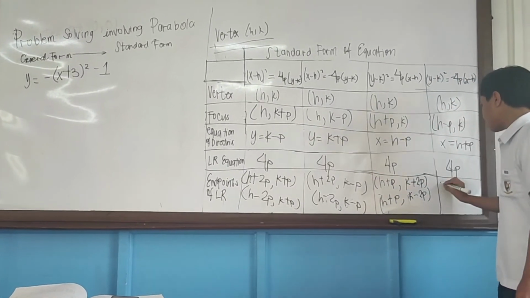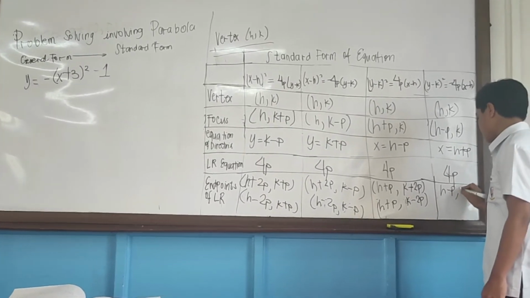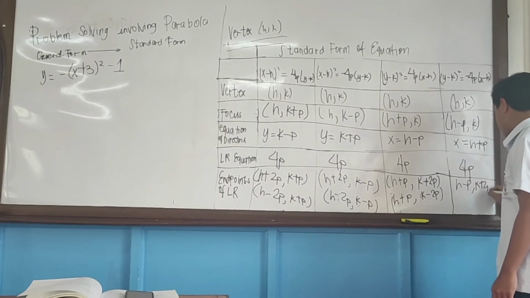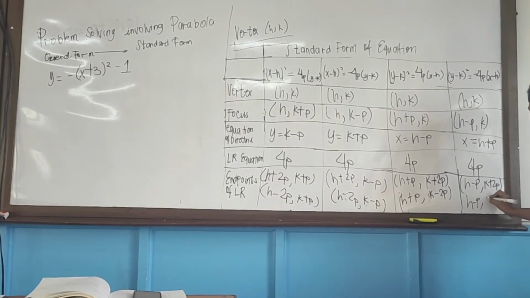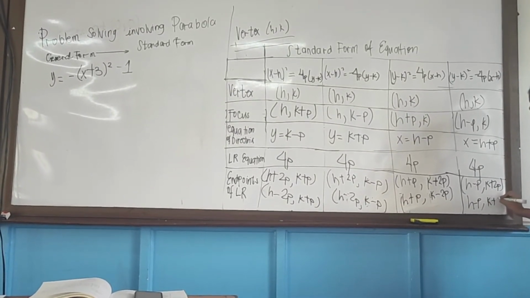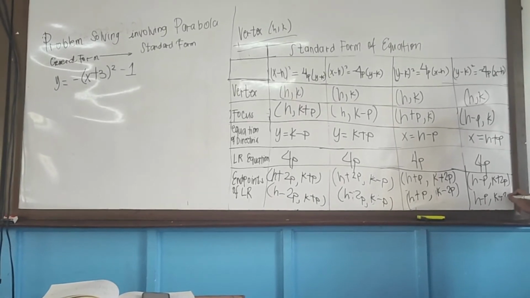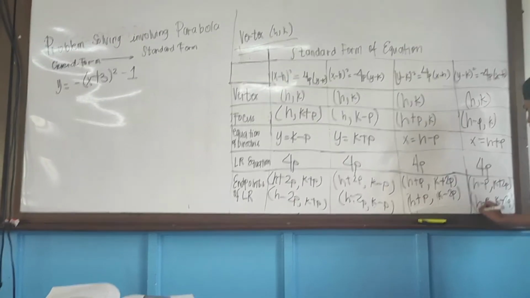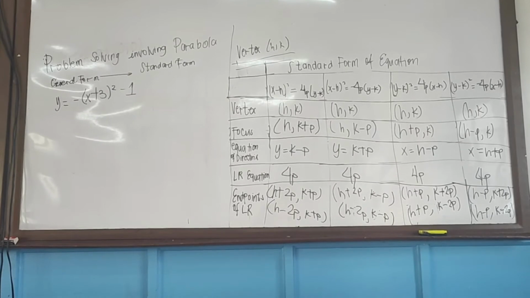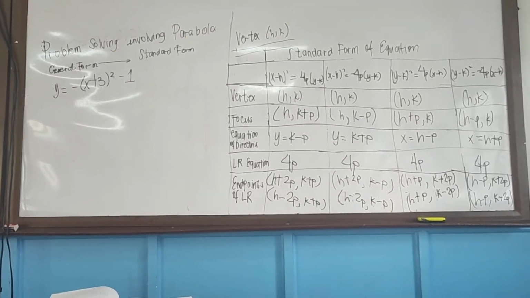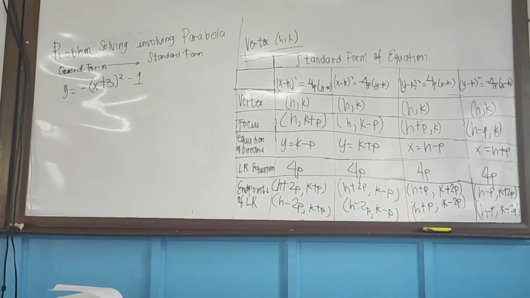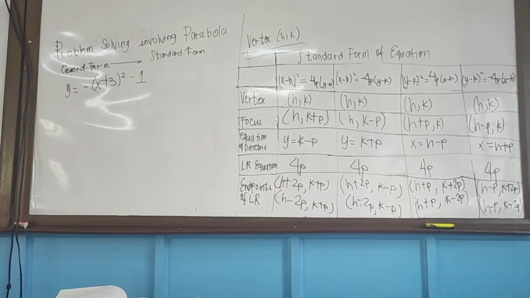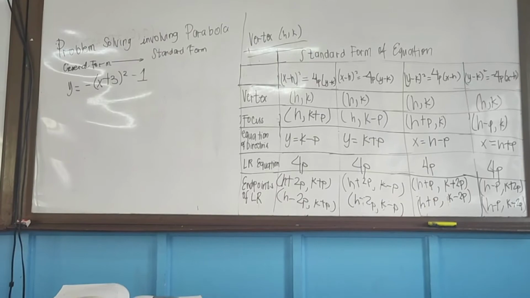And lastly, we have (h − p, k + 2p), and then (h − p, k − 2p). And that's the vertex (h, k) in standard form of equation, the focus, equation of directrix, latus rectum equation, and the endpoints of the latus rectum.